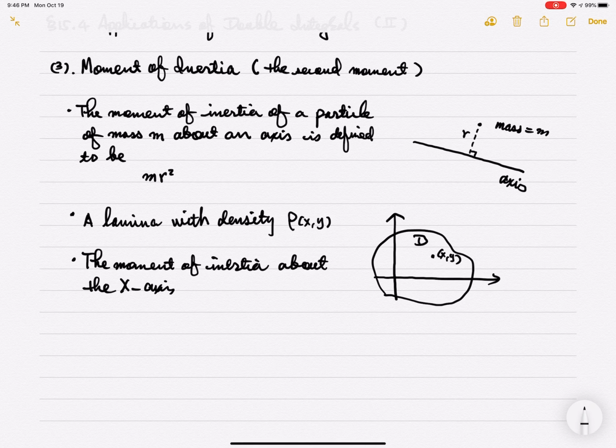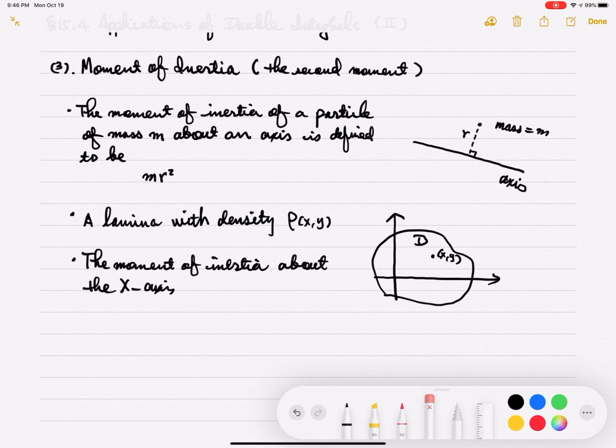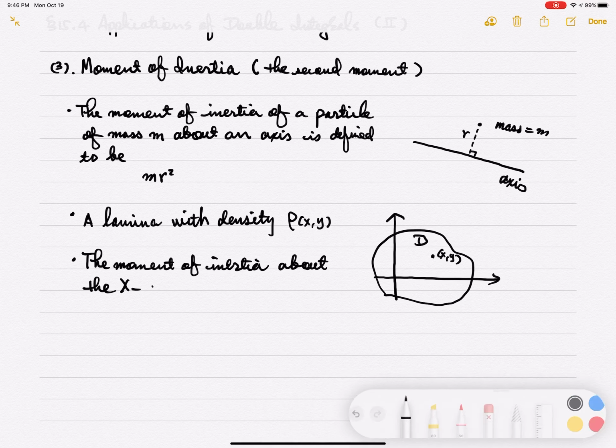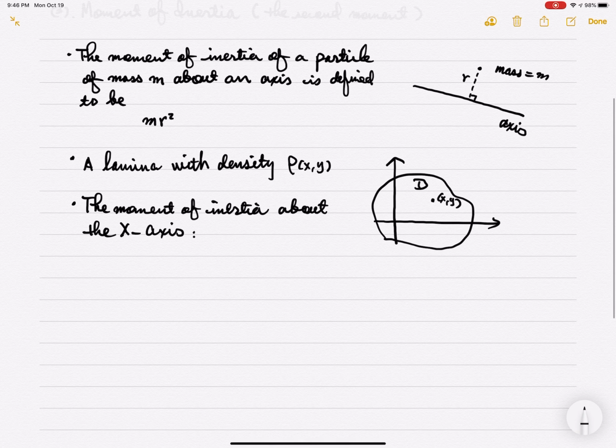It is defined to be this: I sub x is equal to the double integral over D of y squared rho of x, y dA.